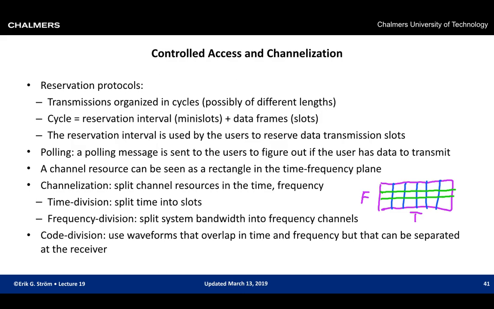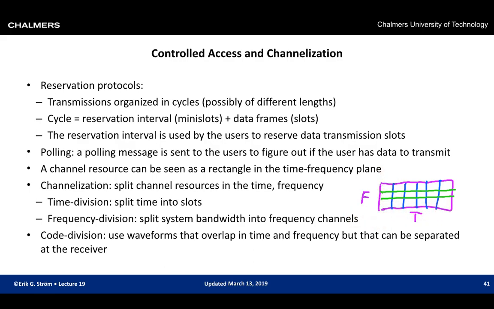In practice, we often use a hybrid between TDMA and FDMA. So we have squares in the time-frequency domain that we hand out to the different users. This hybrid is used in LTE, for instance. Then there is also something called code division, where we don't split up time or frequency.